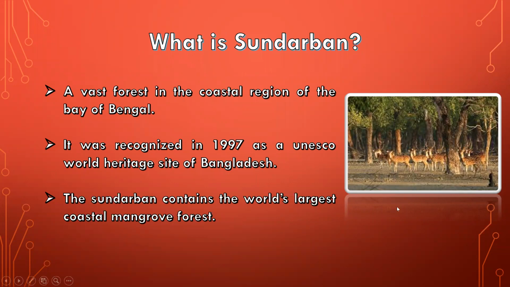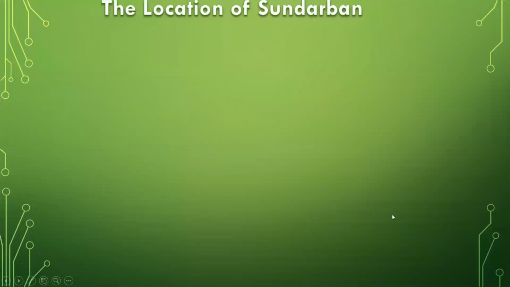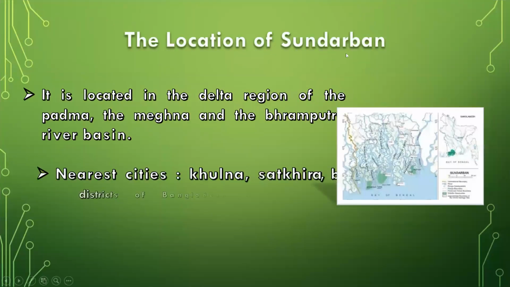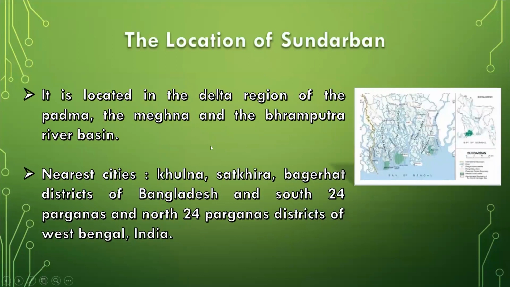Okay, sir. Then I have given the location of Sundarban. Okay, and you can use a good photo here. A map is really important. If a foreigner or an American tries to find Sundarban, they will definitely search the map to see where it is located.